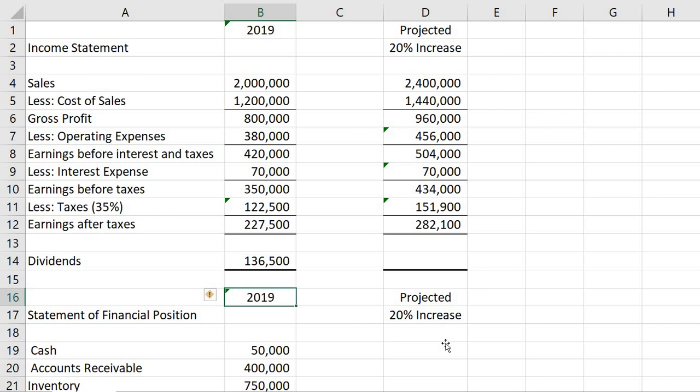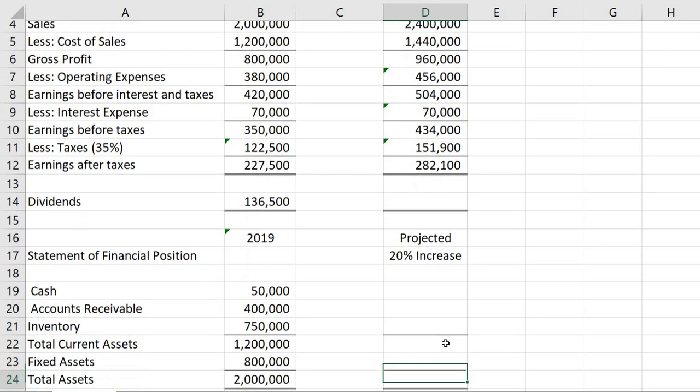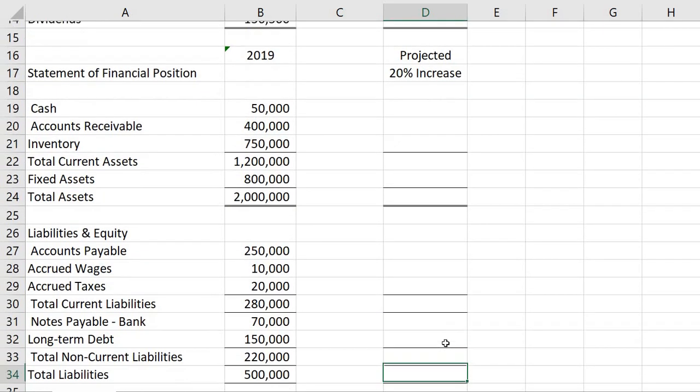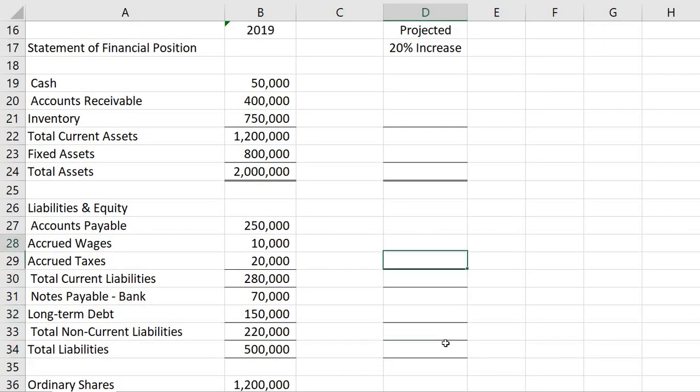Based on that information, we can now prepare the statement of financial position. Actually, this is the second step in the percent of sales method of projection. After you have made the income statement, you can now project the statement of financial position.